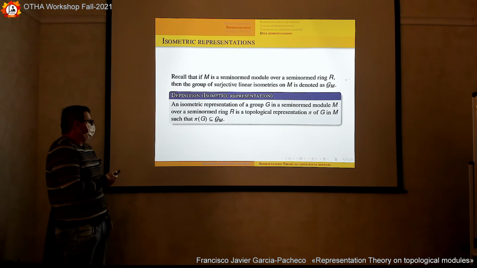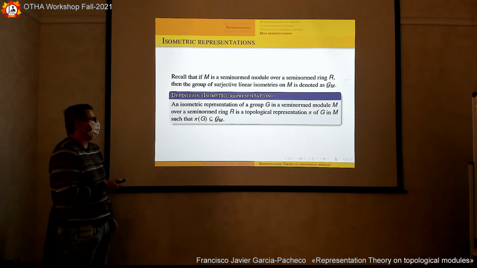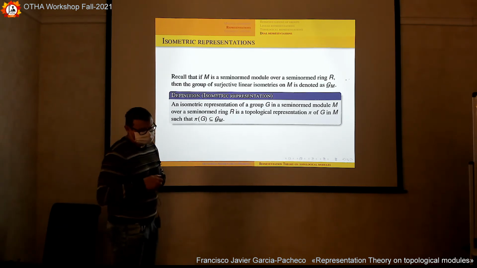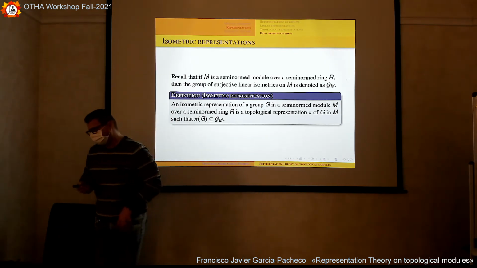An isometric representation, as you can imagine, is simply a representation of a group in a seminorm module over a seminorm ring, in the group of surjective linear isometries, which is a subgroup of the topological general linear group, which is a subgroup of the general linear group.